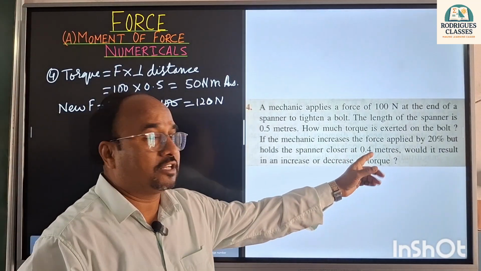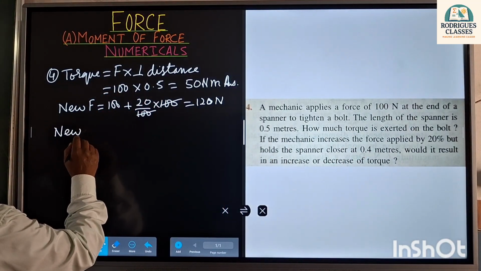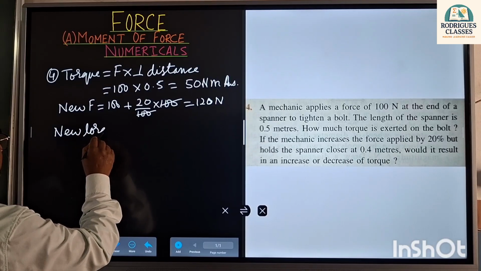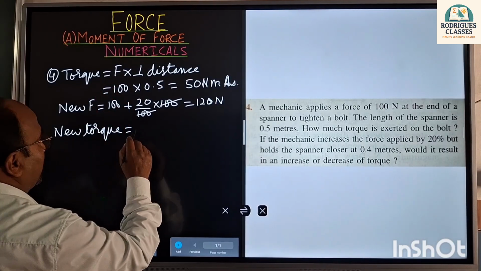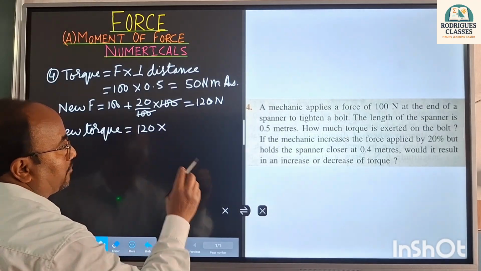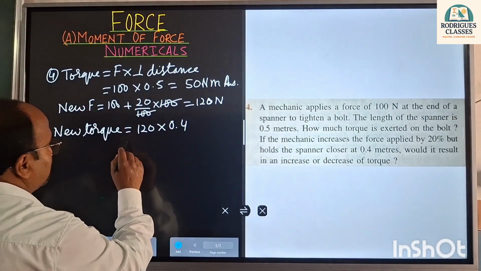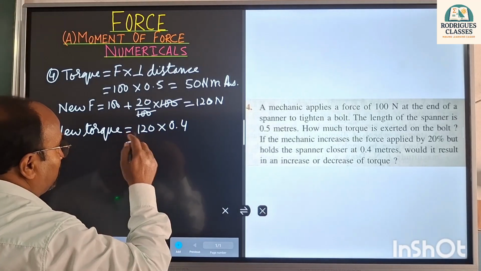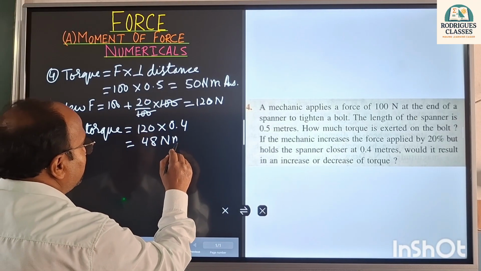And the perpendicular distance is 0.4 meters, so we can find the new torque. The same formula, so the force is 120 now, and the perpendicular distance is 0.4 meters. So the decimal gets removed because of this 0, 12 fours is 48 Newton meter.